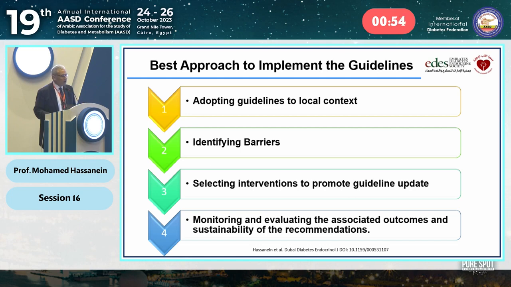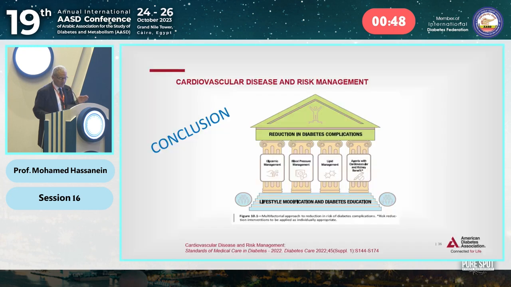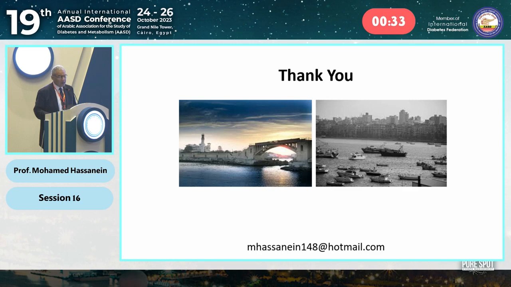We attend lots of conferences. The point is what I'm going to take home and what I'm going to implement. So my last slide again is the holistic approach of the 4 columns: glycemic control, classic cardiovascular risk factors, the new agents, and of course, above all of this is education.